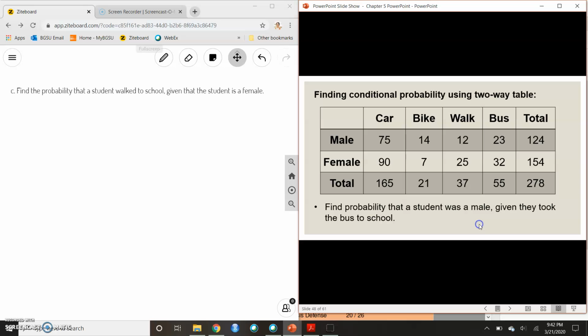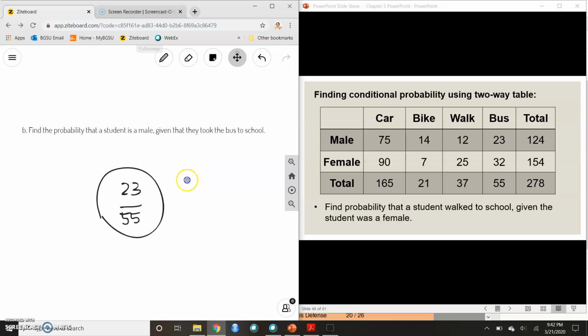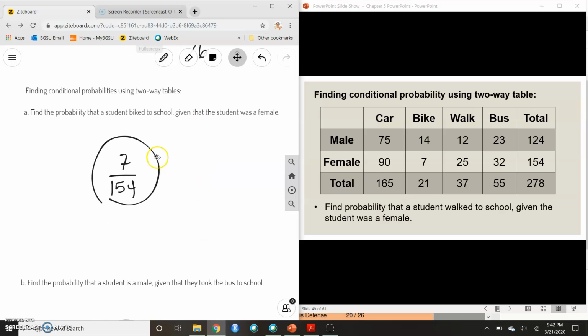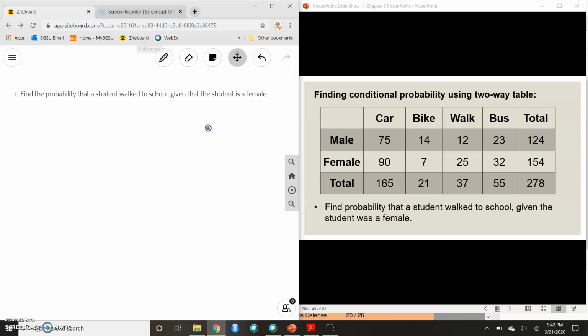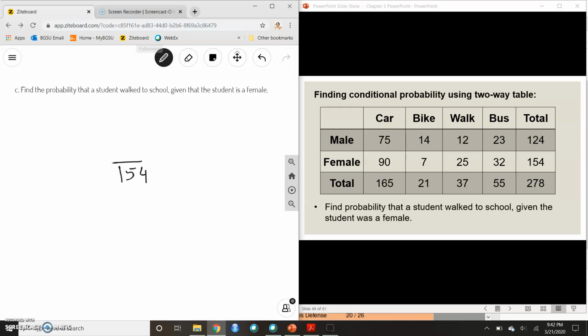Finally, our last example right here, we want to find the probability that a student walked to school given that the student was a female. And so this is different from what we had before. What we had before was bike to school. This is talking about walking to school. So again, our given condition is that the student has to be a female. So once again, we're looking at the row or column with female.